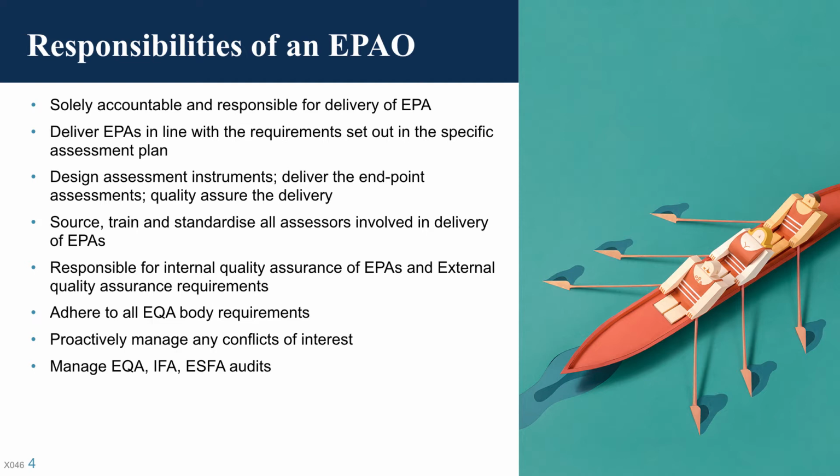And then we might see, we haven't seen them yet, but we might be seeing funding compliance audits coming from the Education and Skills Funding Agency as well. And again, from an EPA perspective, we would be responsible for undertaking or adhering to those audits as and when they come along.